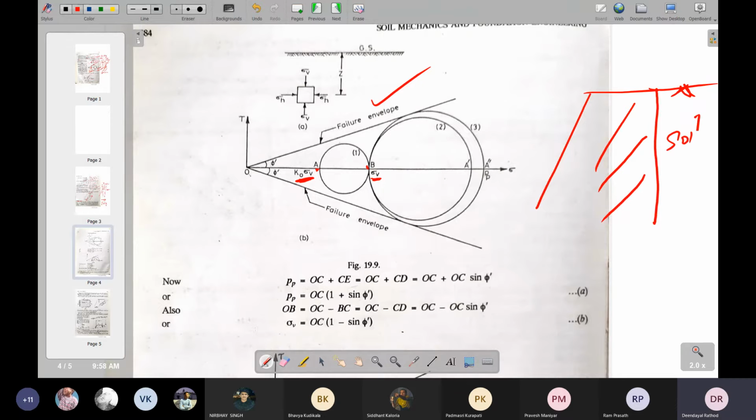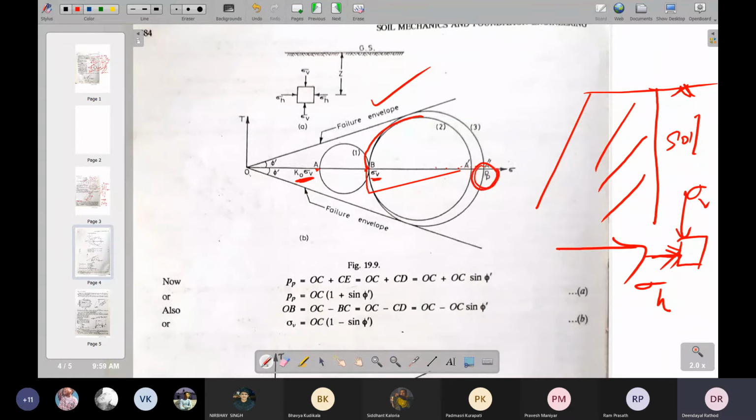This is the soil. When you try to push it, draw a small element here, vertical, horizontal. Which is the major principal stress here when it is pushing? This would be constant, and the vertical would be maximum because it is pushing, right? Then the circle shifts in this way.